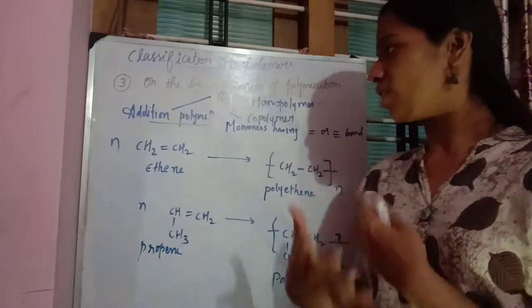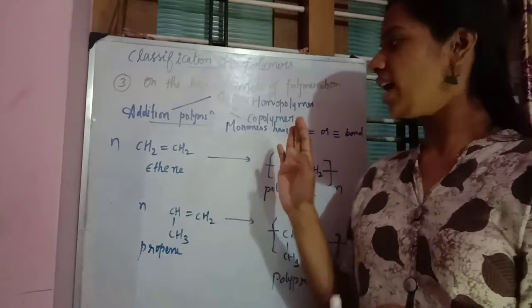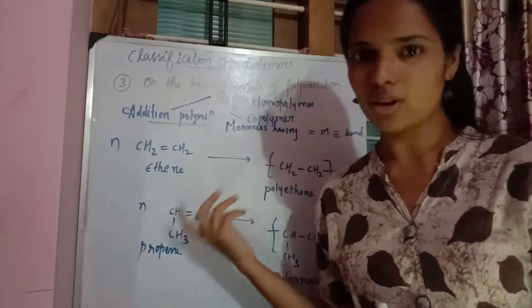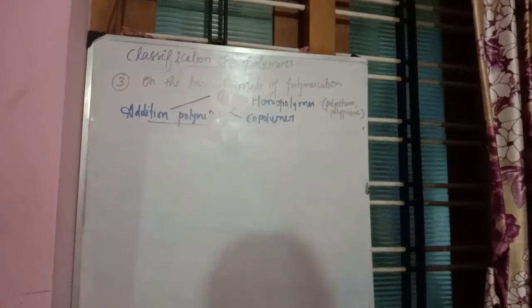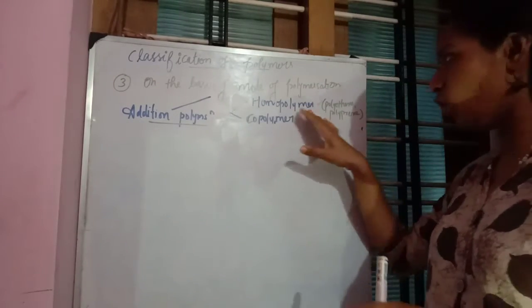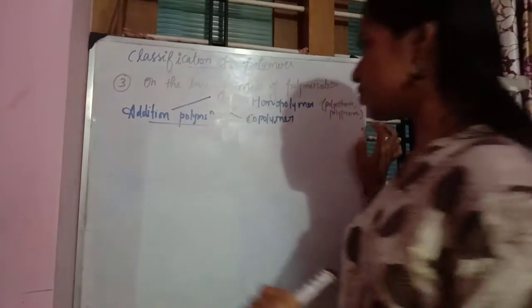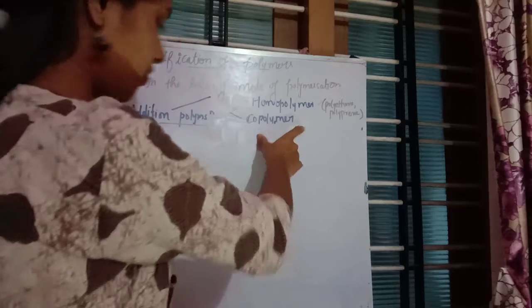Now let us look at what copolymers are. First of all you have to note this down and we can check the details about copolymer. So we have already seen that examples of homopolymers are polyethene and polypropene. Now we are going to study about copolymer. Fine.